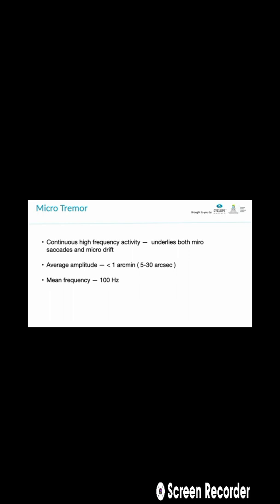The next is the microtremor. These are the continuous high frequency activity that underlies both microdrift and microsaccades. These microtremors occur at a frequency of 50 to 100 Hz, the average amplitude being less than 1 arc minute, usually between 5 to 30 arc seconds.